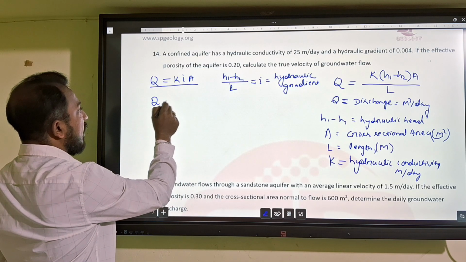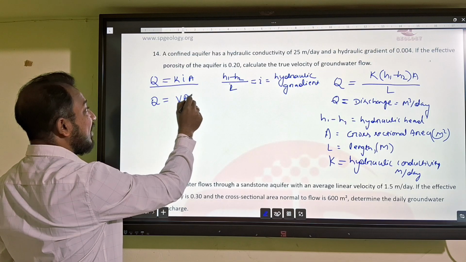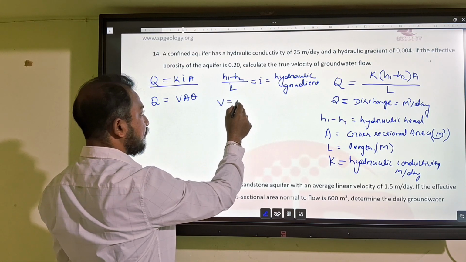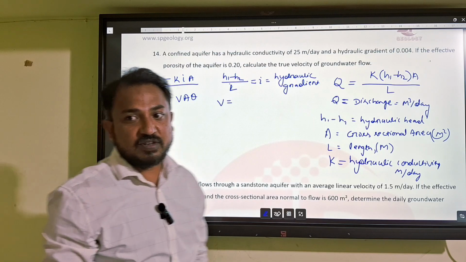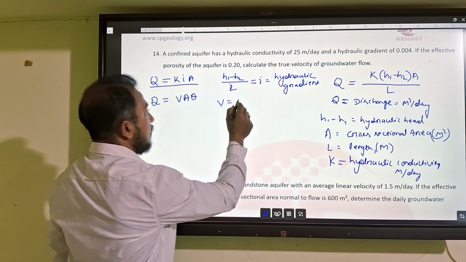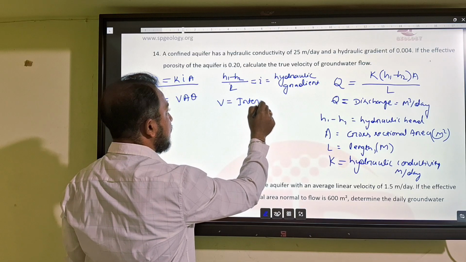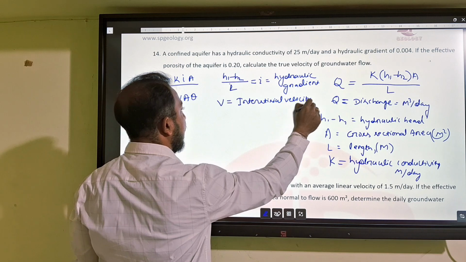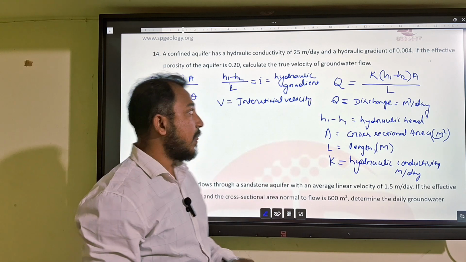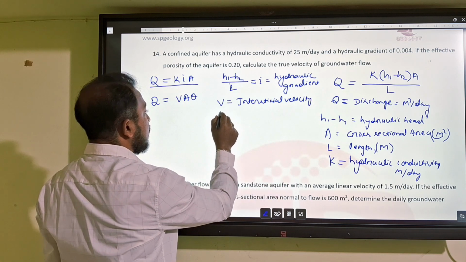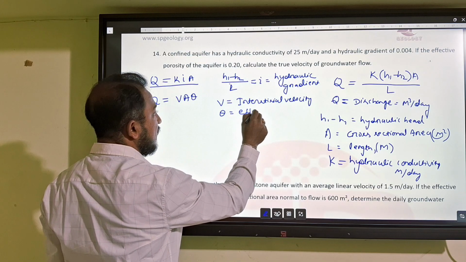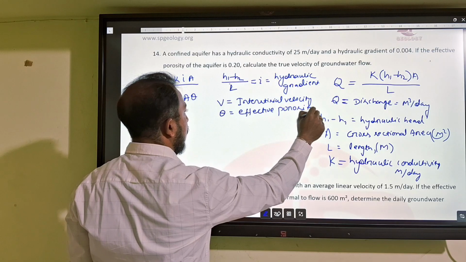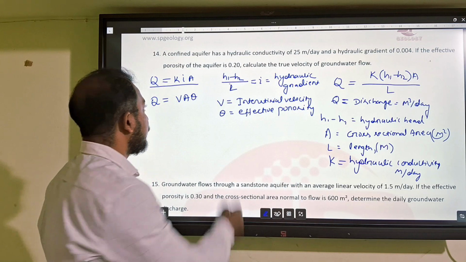So discharge can also be calculated by this formula: Q equal to V A theta. So V is your interstitial velocity or linear velocity, or you can say velocity of the flow through the pore space. Then theta is called effective porosity, or you can say it is specific yield.